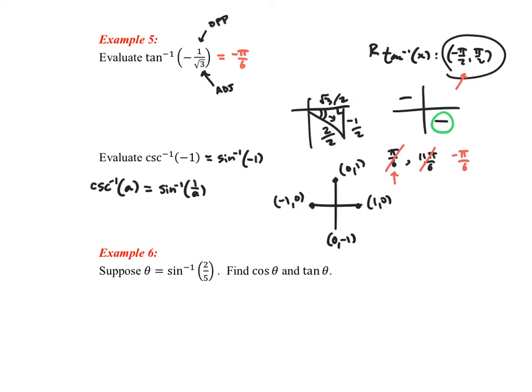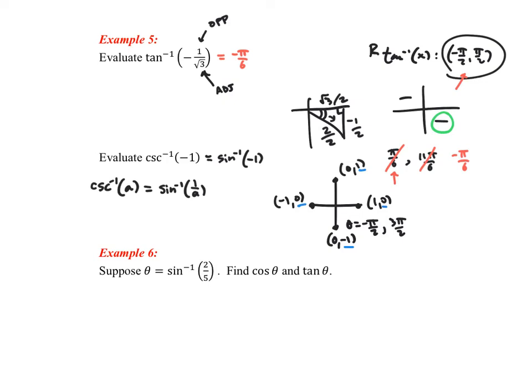As I look at the sine values, which are all the y values, the only place you'll ever see sine equal to negative 1 is down at this location, where theta or x or whatever it might be would equal negative pi over 2. Now you might think, well, it's 3 pi over 2, because you're thinking positive angles.